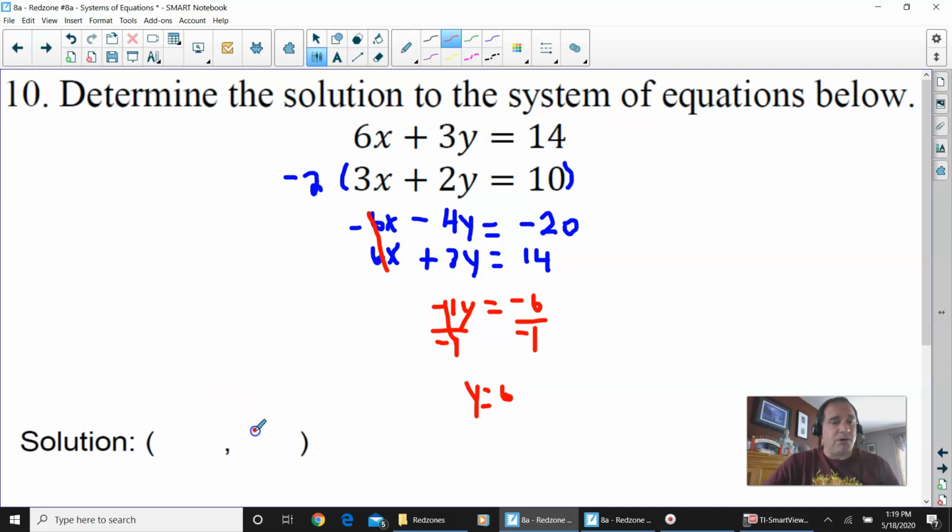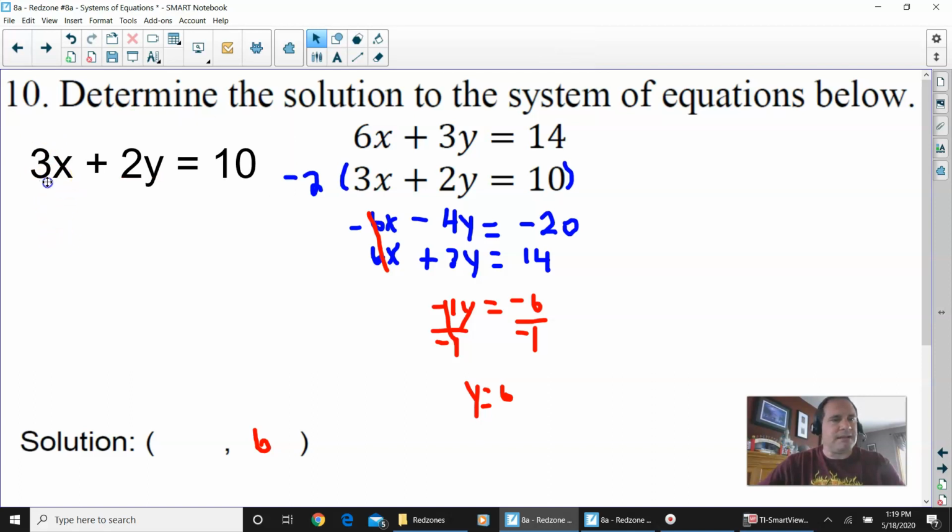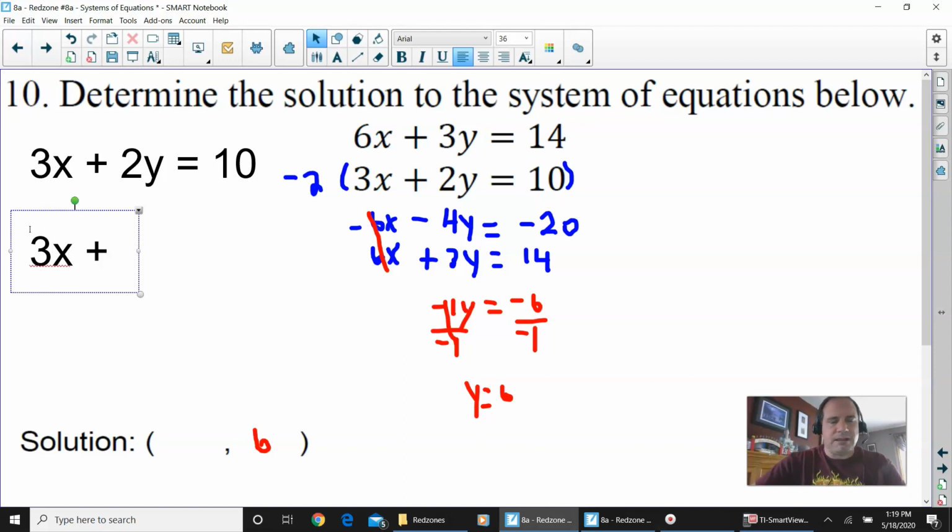All right, so part of the solution. But you need x. So I am going to go ahead and pick the bottom equation. I don't know why. It doesn't matter really. You have 3x plus 2y equals 10. So I am going to put that 6 in. I'm going to substitute that 6 in for the y and use parentheses when you do it.